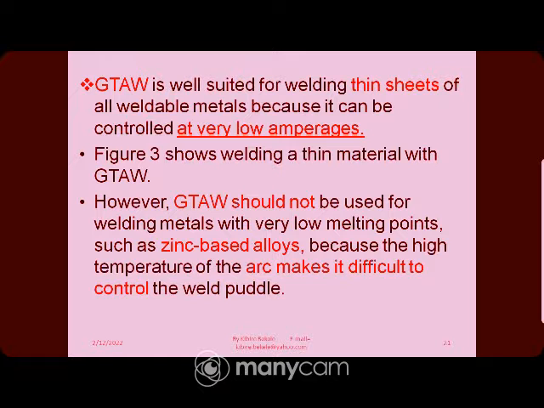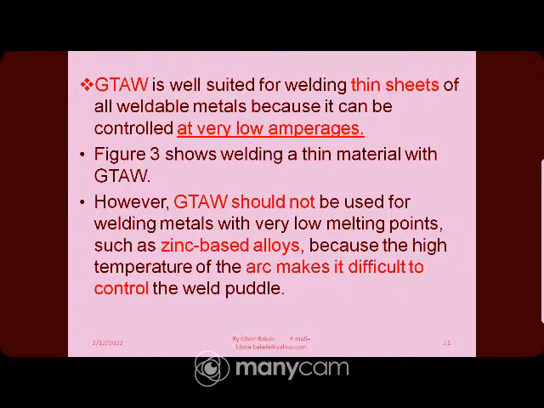However, gas tungsten arc welding should not be used for welding metals with very low melting points, like zinc-based alloys, because with the high temperature of the arc it is difficult to control the weld pool.